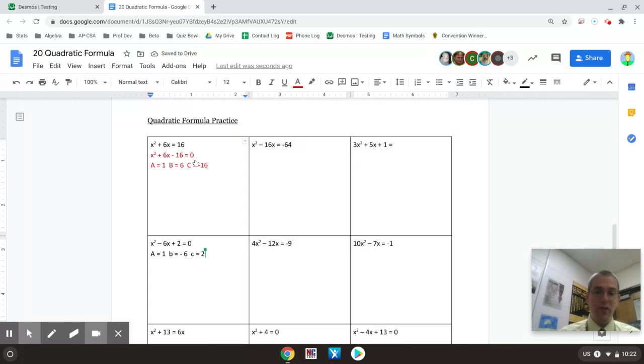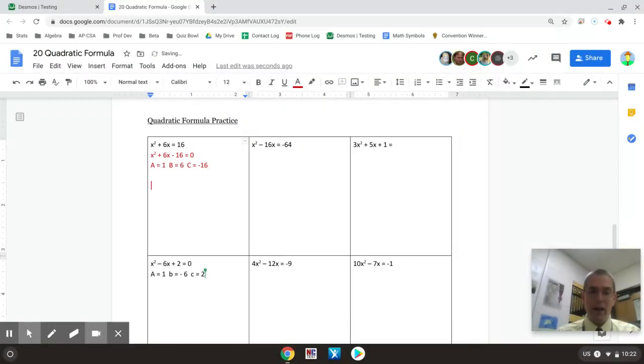The truth is there's a third method I could have done other than graphing or the quadratic formula. I could have factored this. I could have said, well, if I do an x plus 8 and an x minus 2, that's how I could factor my x squared plus 6x minus 16 equals 0.